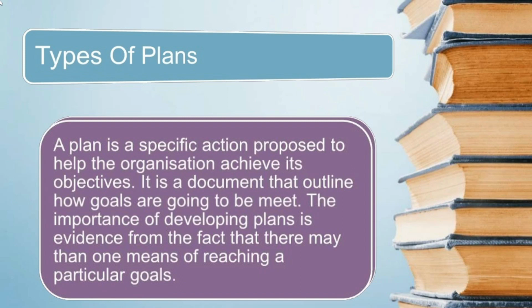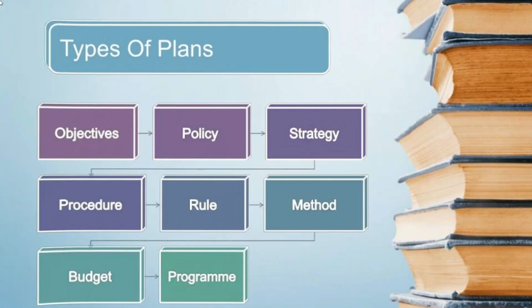Standing plans are used over and over again. They are made once but retain their value over a period of years. Although some revisions and updates are made in these plans from time to time. Now, let us talk about the type of plans in detail.